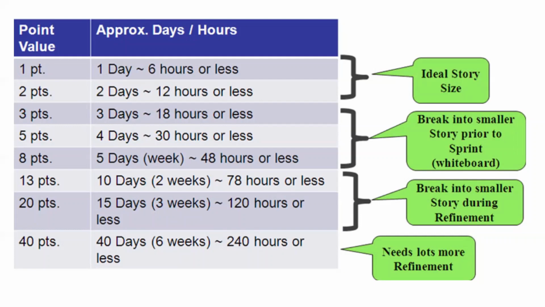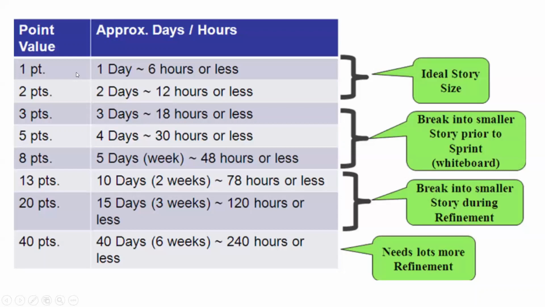So if a story is going to take more than 2 weeks, we try to break it into smaller work, or we carry that story forward into the next sprint. That is the standard way. But let's focus only on points from 1 to 13 and see what the standard guidelines are.